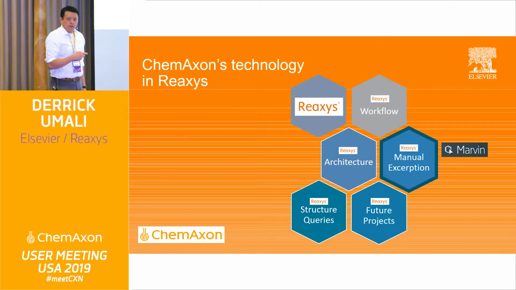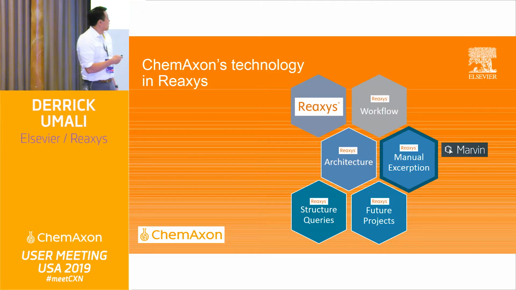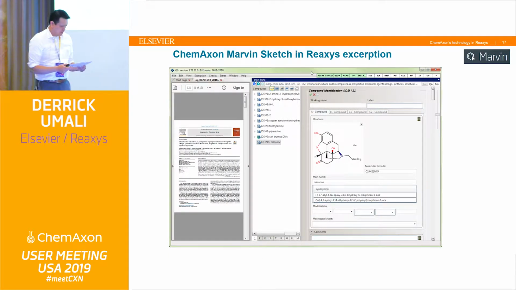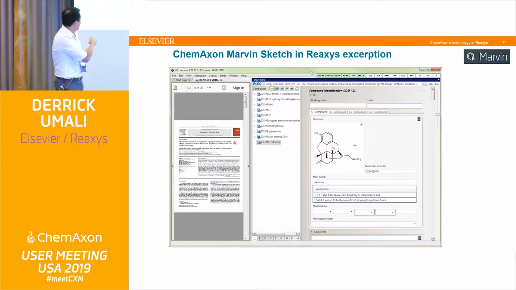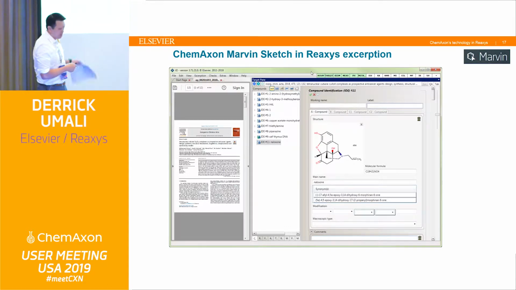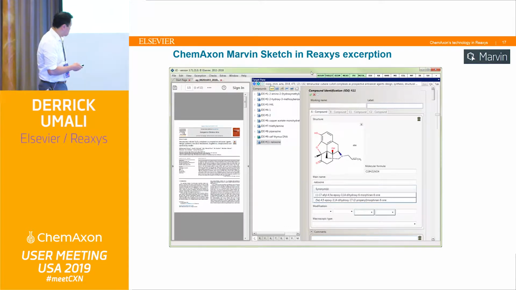Part of that workflow is a manual excerption using Marvin. We'll go into that in a bit more detail here, where, for example, on the left-hand side, this is that intuitive excerption interface. On the left-hand side, we've got the journal article.